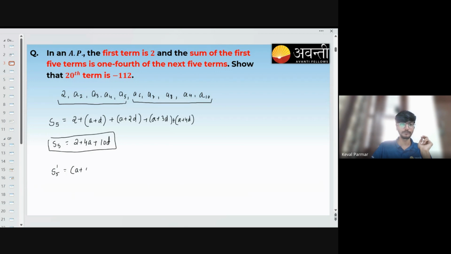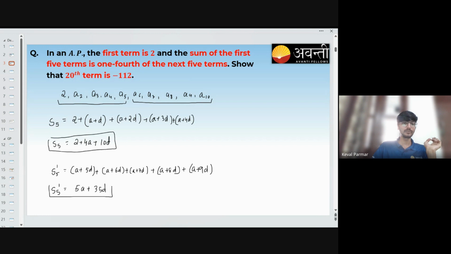A plus 5D, plus A7 as A plus 6D, plus A plus 7D, A plus 8D, and lastly A plus 9D. Correct? So if I add all the A's, I'll get 5A plus, what is this? 5, 11, 18, 26, 35D, I'll get. Correct? This is S5 dash.